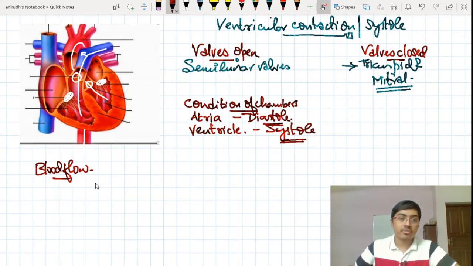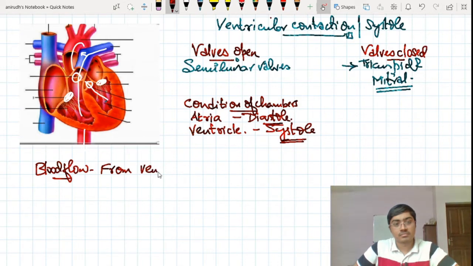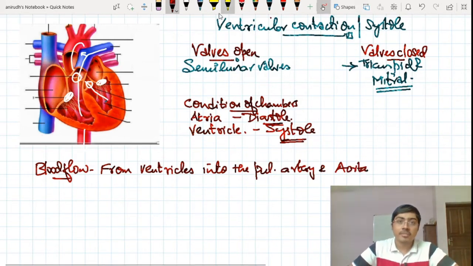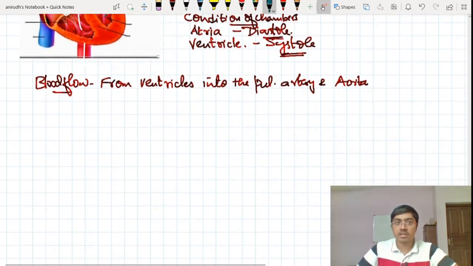Now blood flow will happen from the ventricles into the pulmonary artery and aorta. Okay, from each ventricle, the amount of blood, so let me write that, it is a very important point.